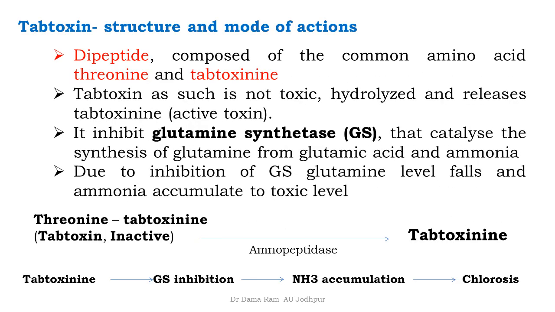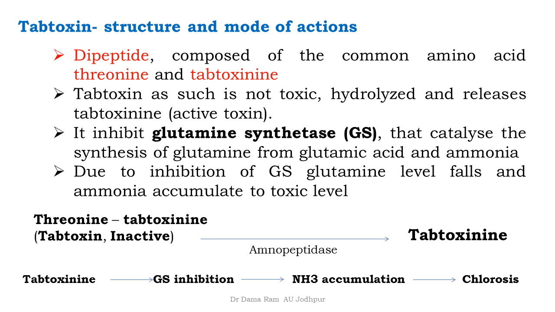Now come to the structure and mode of action of TAB toxin. TAB toxin is a dipeptide compound of the common amino acid threonine and tabtoxinine, with a molecular weight of 260 Dalton. TAB toxin as such is not toxic, but in the cell it becomes hydrolyzed and releases tabtoxinine.